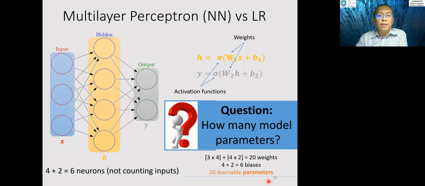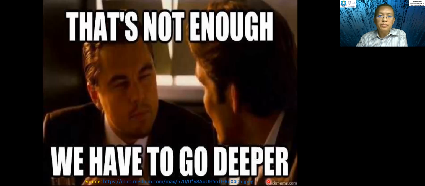And this multilayer perceptron was proposed several decades ago, but it was not successful at that time until recently. And the reason is we have to go deeper.